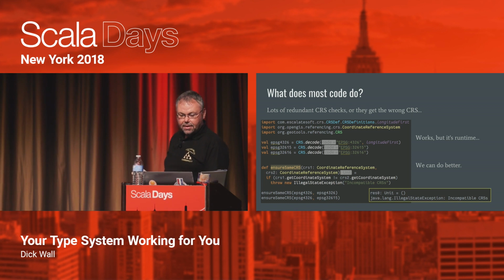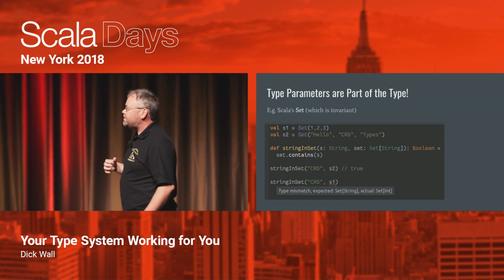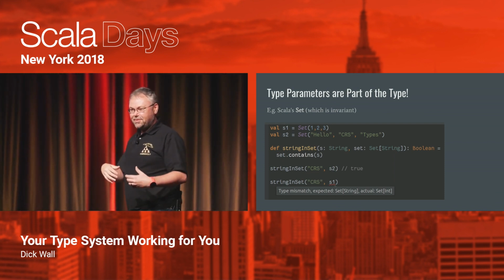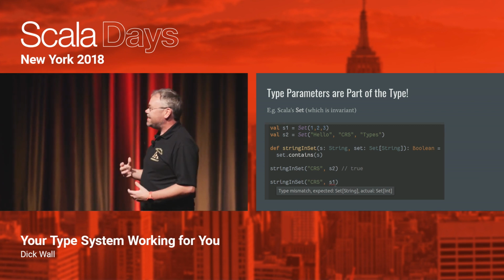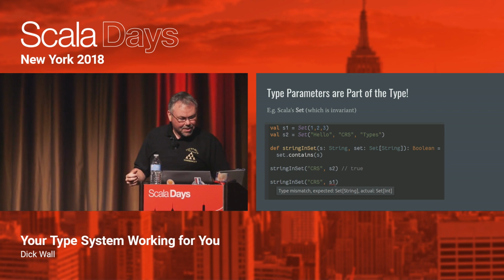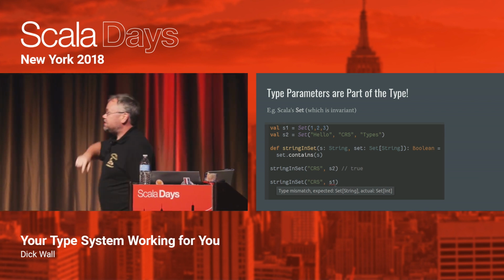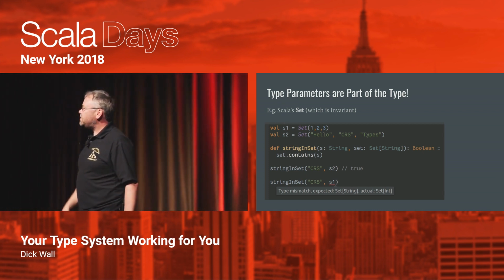Okay, so my idea when I came into this, and actually I have a background in GIS, so coming to do this current job kind of brought me back into it, and it's really exciting to bring my two passions together now. It's one of the reasons why this is kind of important to me. But type parameters in Scala become part of the type. This is great. I don't think this will be a surprise to anyone.